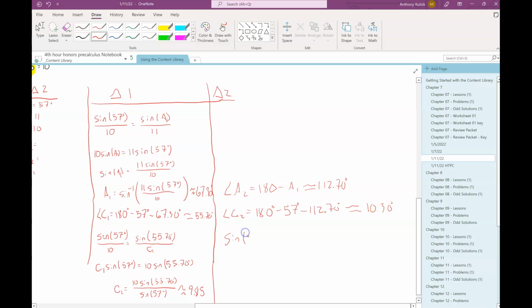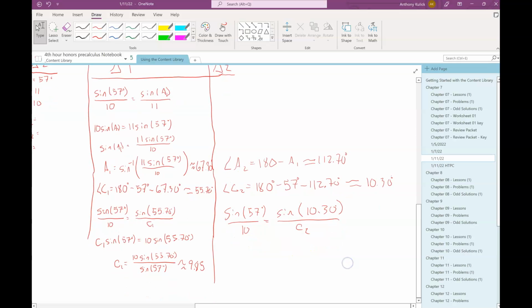And then I can set up side C2 the same way I did before, except I'm using angle C2 here instead of angle C1. And then I'm going to skip some of the algebra there, Mackenzie, and just go straight to what I'm typing into my calculator. That's okay, right?